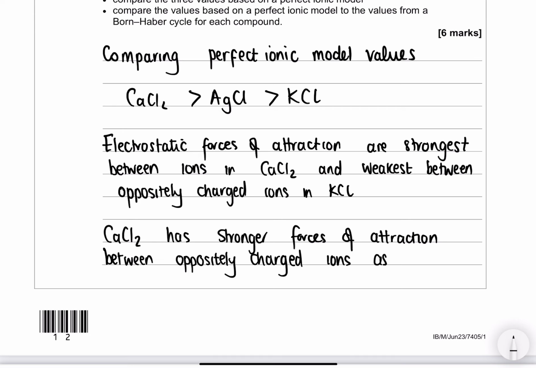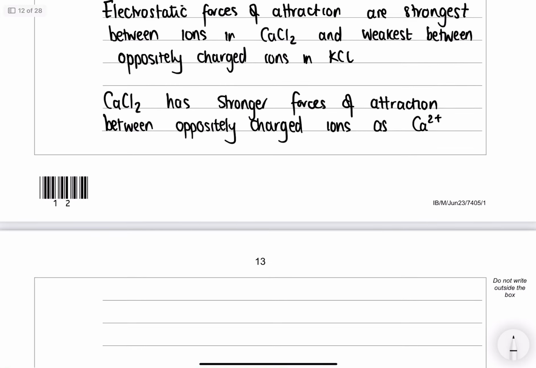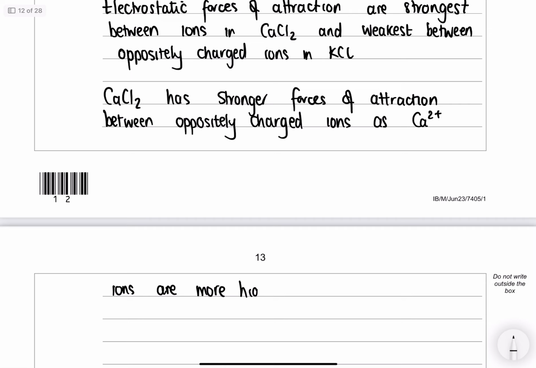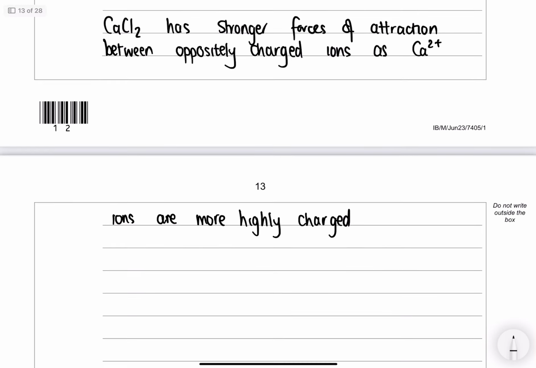So they've all got the same negative ion, but as Ca2+ ions are more highly charged than Ag+ and K+.